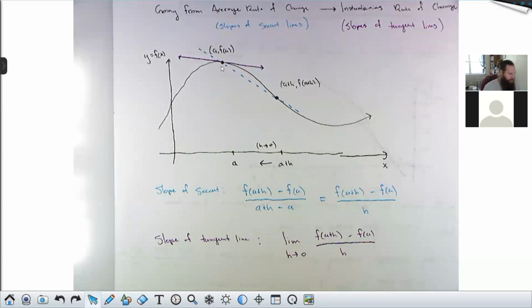And this is the thing we call the derivative. This thing is, by definition, f prime of a.